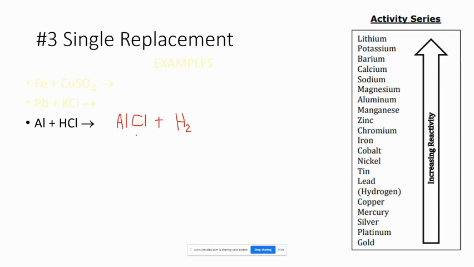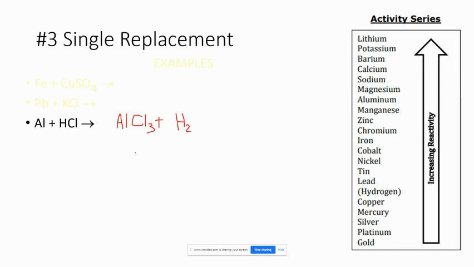And Al, aluminum, has a +3 charge because of what column it's in. Chlorine has a -1, so I'm going to have to take this +3 from aluminum and move it down there. So it's going to actually be AlCl3, the formula for aluminum chloride.